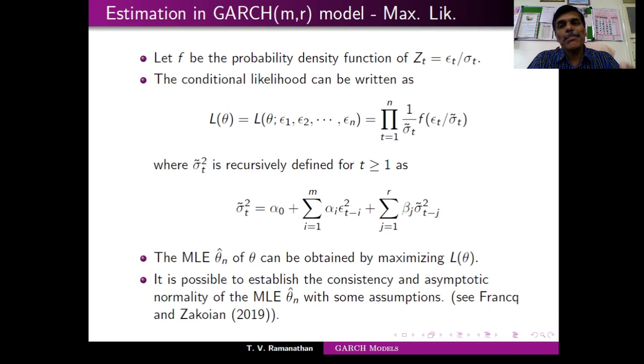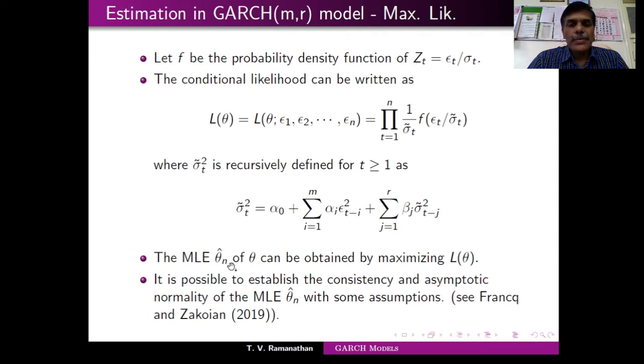You can only multiply, and the variance gets changed. Because epsilon t equals sigma t zt, zt is epsilon t by sigma t. Therefore, when I write the distribution of zt is f, I can say that the likelihood is given by 1 by sigma t f of epsilon t by sigma t, where sigma t square is to be recursively computed using this equation. So this is a scale family.